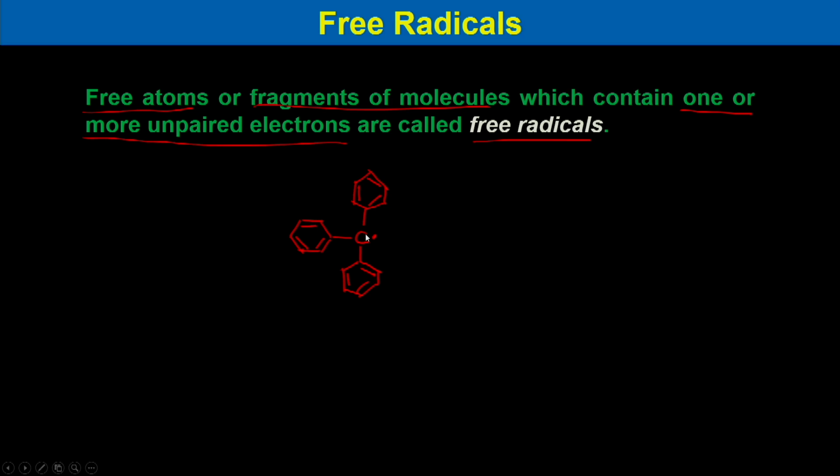So, this is triphenyl methyl, and this dot represents the free radical. For free radicals we generally represent it by a dot.